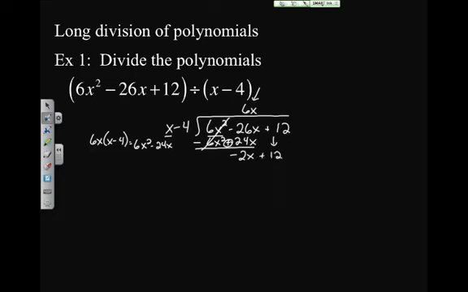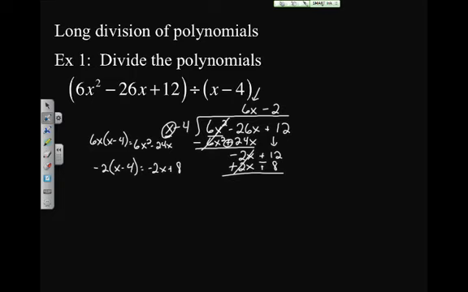So again, then we look at this x again, and we say, what do I have to multiply by x to get negative 2x? And the answer is negative 2. So we take the negative 2 and we multiply by x minus 4, and we get negative 2x plus 8. We put that in here, then we draw the line and change the signs.